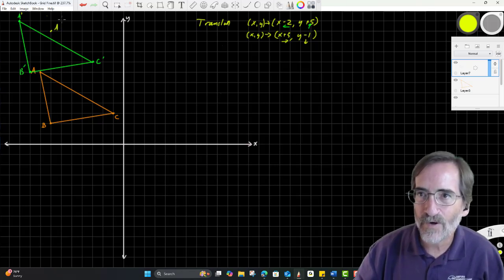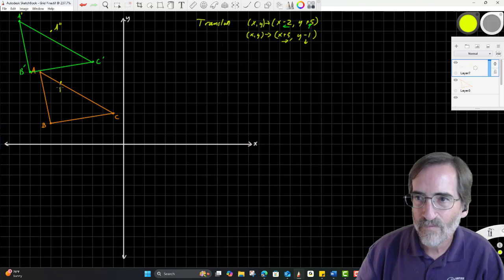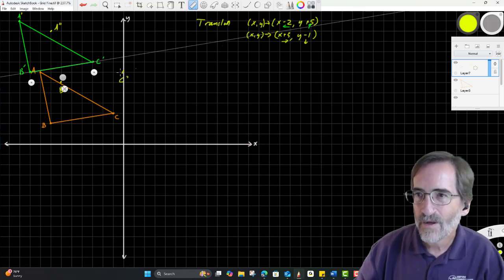That's A double prime. Right 3, down 1, B double prime. Right 3, down 1, C double prime. Okay.